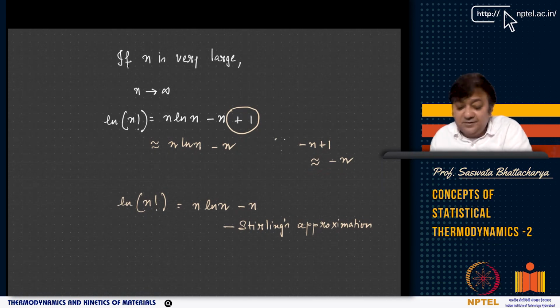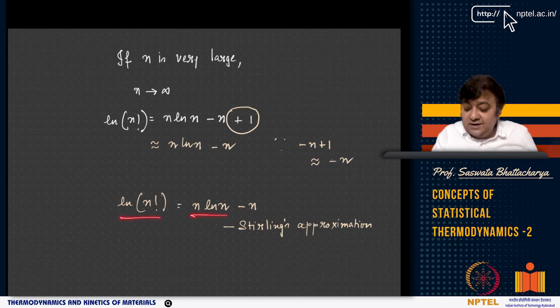So ln n factorial equals n ln n minus n is a famous approximation used by James Stirling, and we will use this approximation to find the number of arrangements.